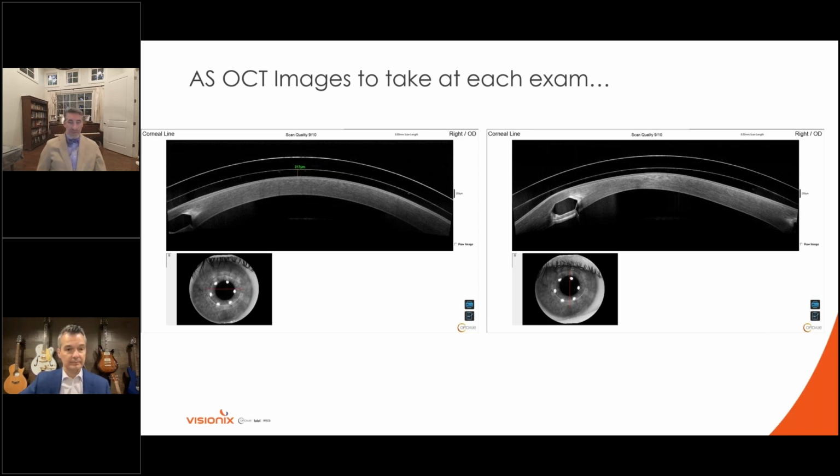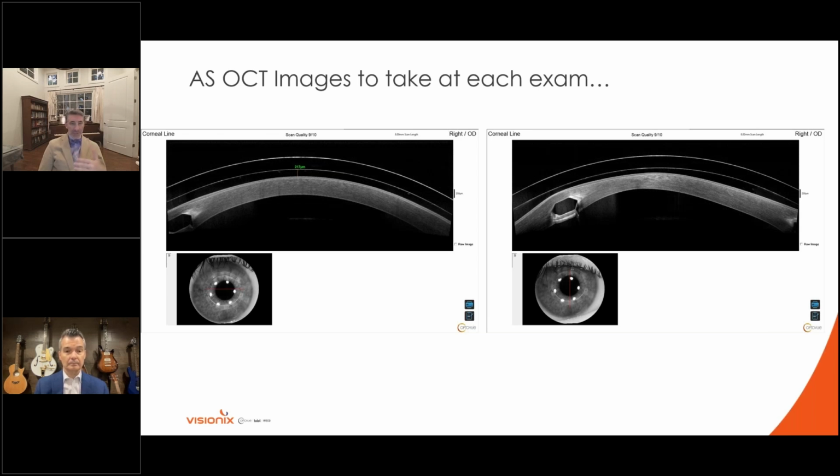Right, so now I'm just going to take you through exactly what scans we're taking at every single visit when we see scleral lens patients. The one that you'll see on the left side of the screen here is kind of a standard. It's a line scan, really just through the dead center of the cornea. With a horizontal scan, you're looking for a few things.